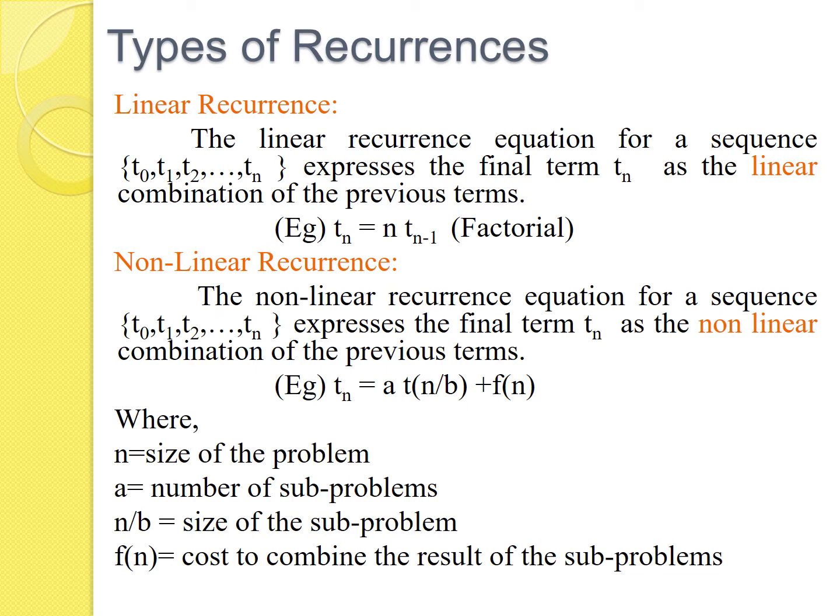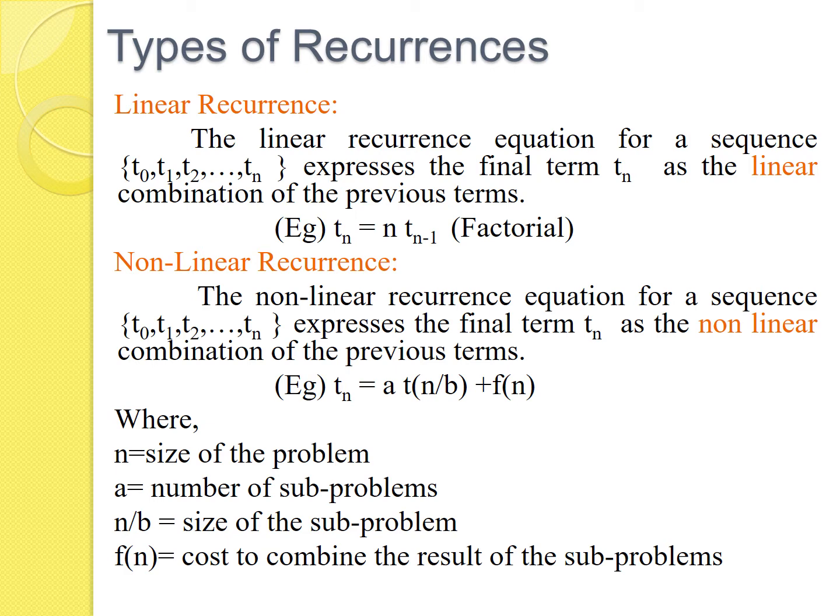Let me explain the linear recurrence and the nonlinear recurrence. The linear recurrence equation for a sequence t_0 to t_n expresses the final term t_n as the linear combination of the previous terms.